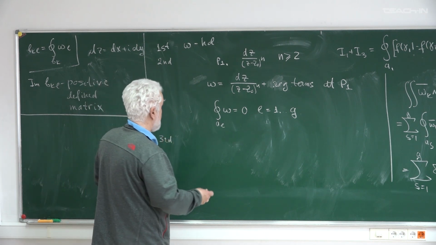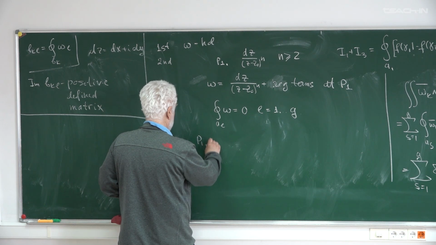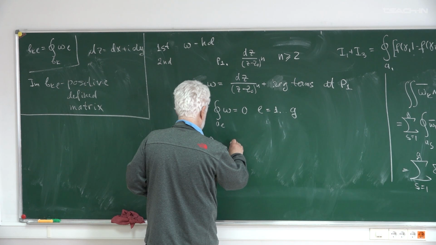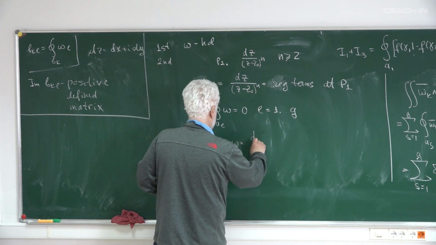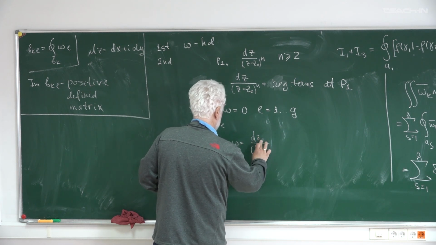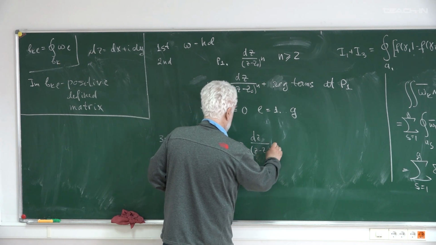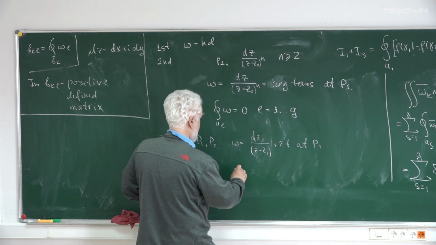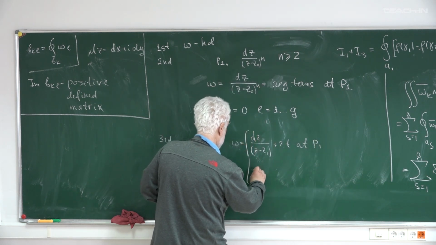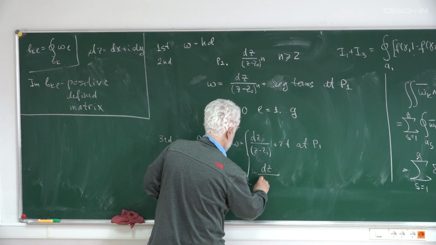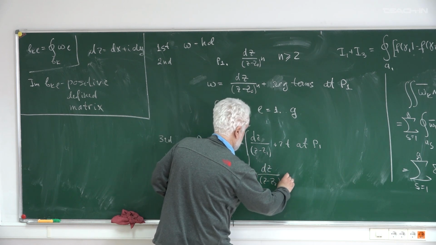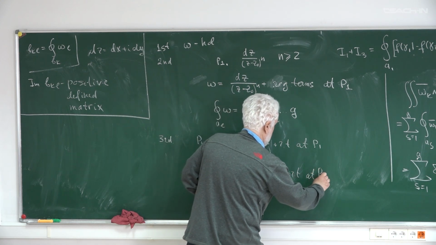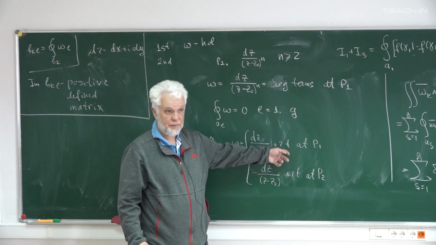And the third type, we have a pair of points, P1, P2. So we have some Taylor series here, you understand?